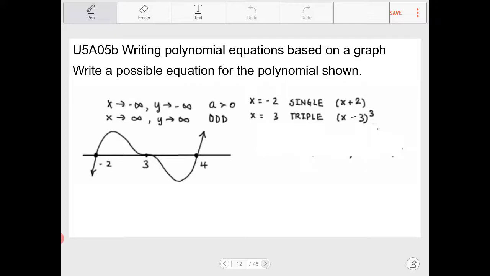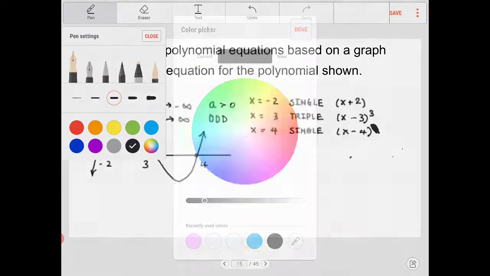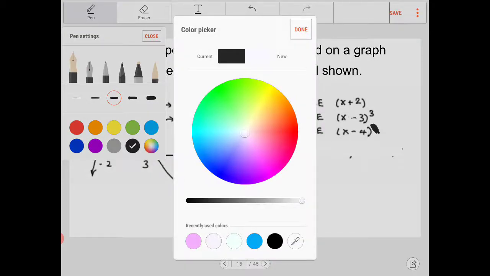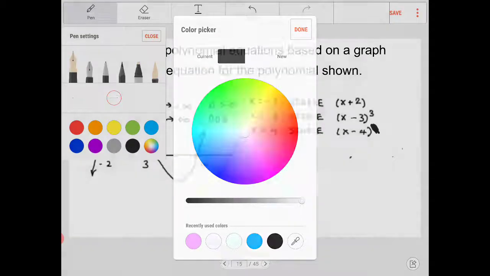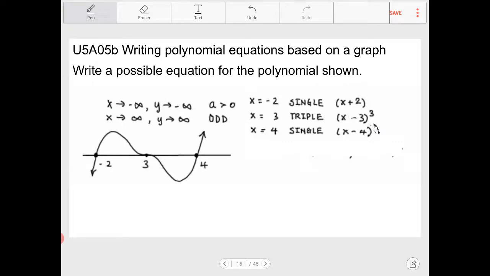The last root I have is 4, and this looks to be a single root again. And in its factored form will be x minus 4, not squared. Let's scratch that. It's not squared. Made a mistake. My apologies. So this is not squared.